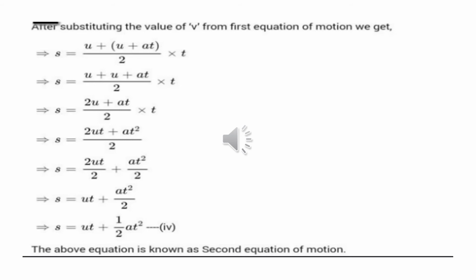From this equation we can see that we have 2 in the denominator and 2 in the numerator, so both of the 2s will cancel, so we get s is equal to ut plus at square upon 2. So your final equation will be s is equal to ut plus half at square. So this is your second equation of motion.